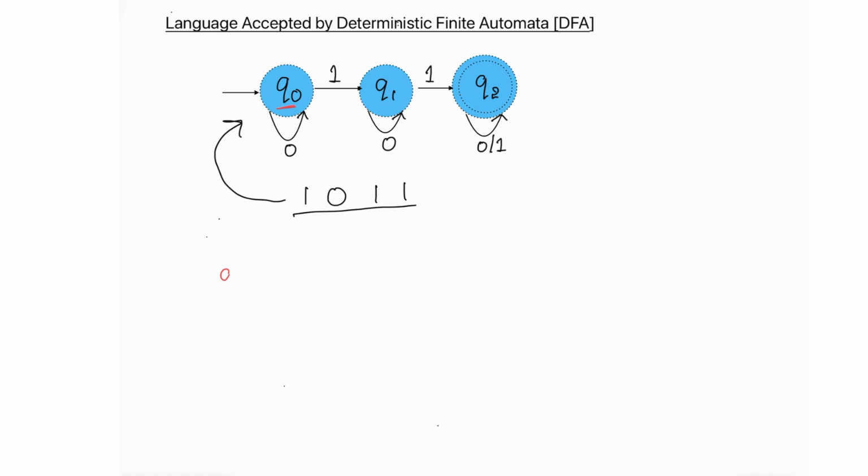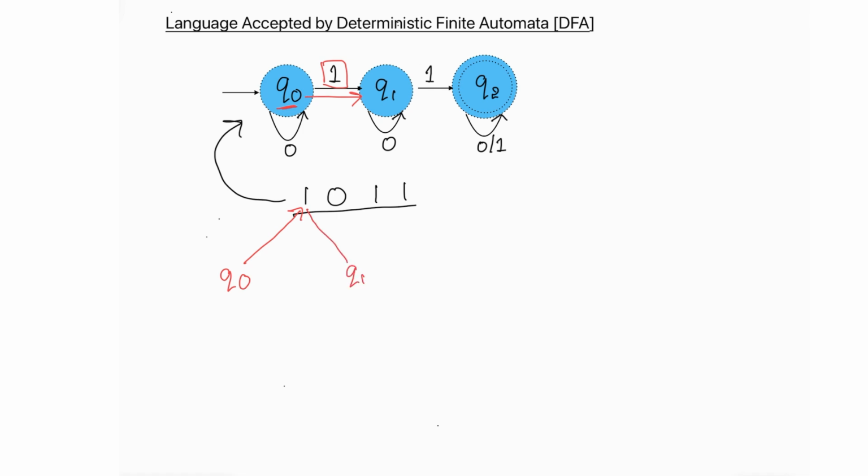From the Q naught state, if it takes this 1, then the machine moves to which state? It is moving to the Q1 state. So hence the next state will be Q1.